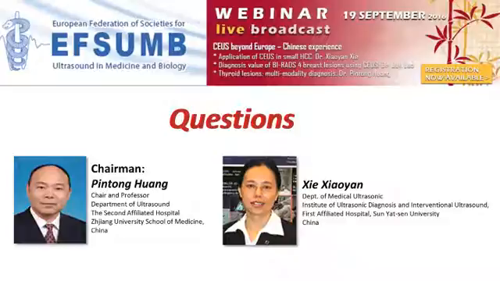But I think contrast ultrasound is very useful to diagnose the tumor thrombi in the portal vein. It's very helpful for differentiation from blood thrombi.